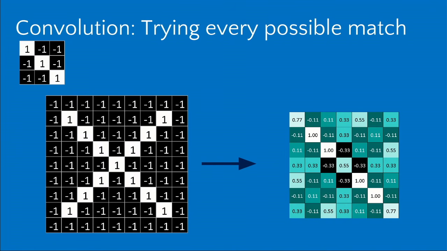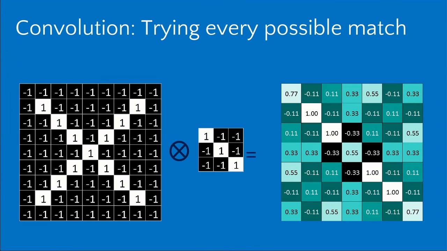And you can see here why it's called filtering. What we have is a map of where this feature matches the image. You can see a strong bunch of +1s on the diagonal line from the lower right to the upper left, and then lesser values everywhere else. So it's a filtered version of the original image that shows where the feature matches.